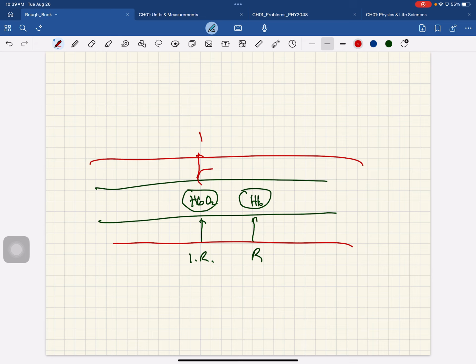When more blood is flowing, both beams get absorbed more. So the intensity here is changing as a function of time. It's going up and down as the blood pulses through. And there's your pulse rate. Very smart. Did you guys understand that?